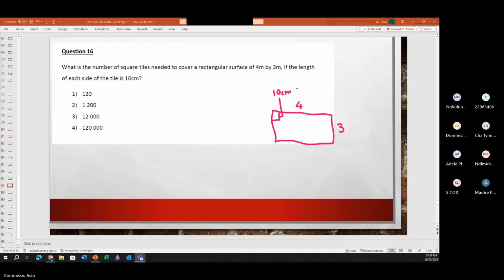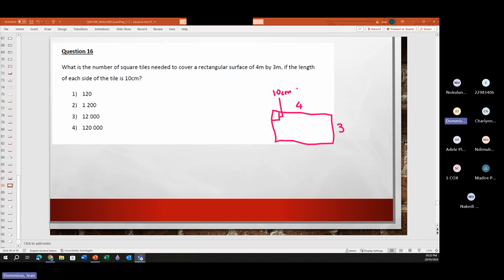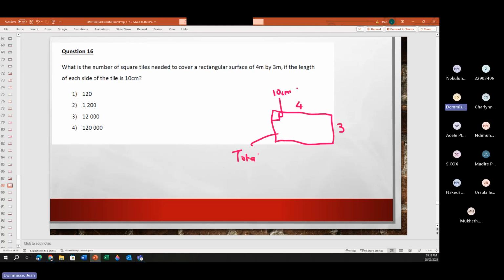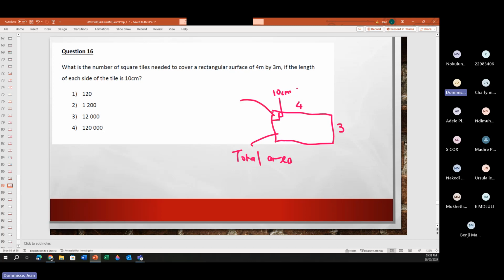Okay, so what we need to do is to get the total area, and then we will divide by the area of a tile, and that will tell us how many tiles we need.